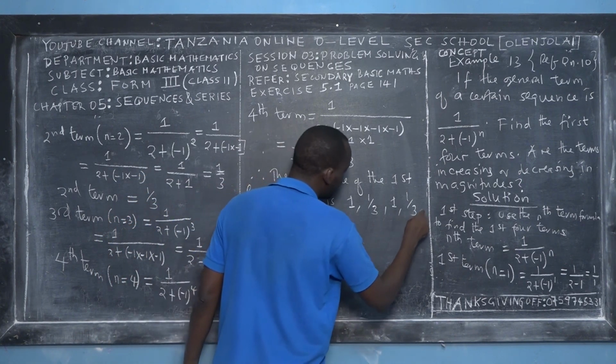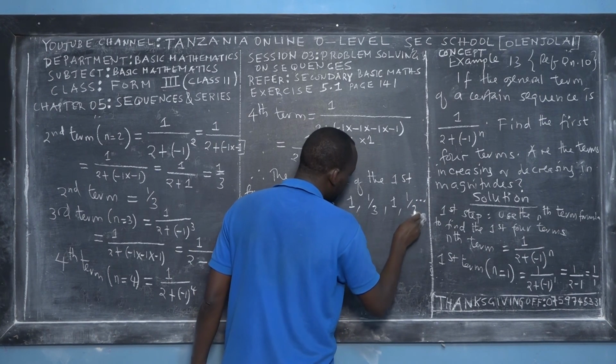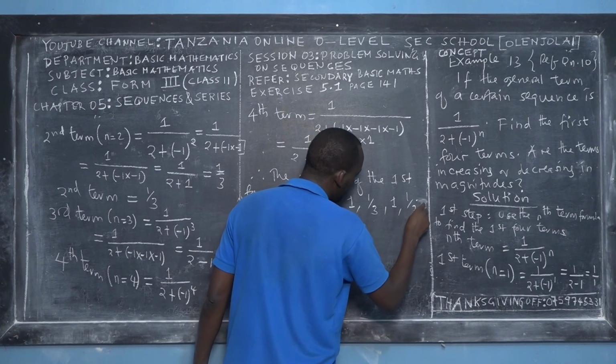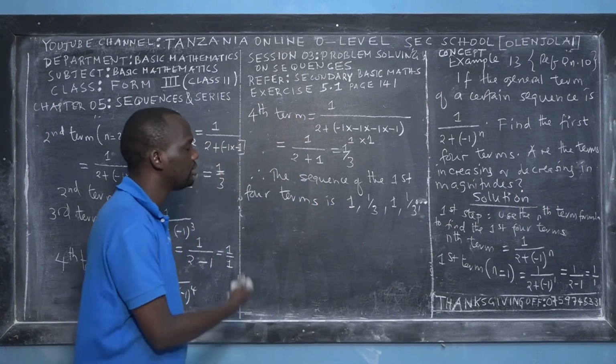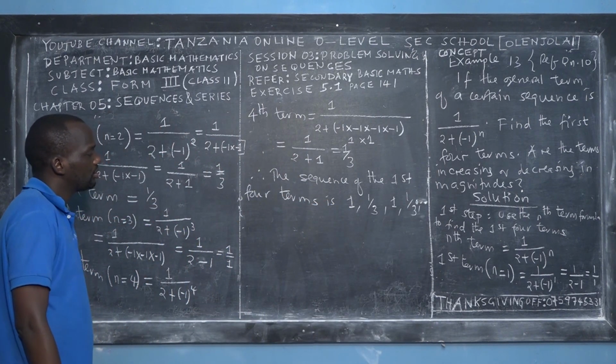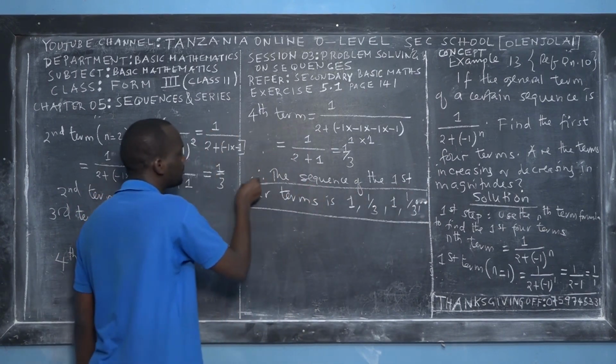Because it's still continuing up to the nth term, you put a comma and then 3 dots. This dot means that this is a finite or infinite sequence. So this will be the answer of the first part.